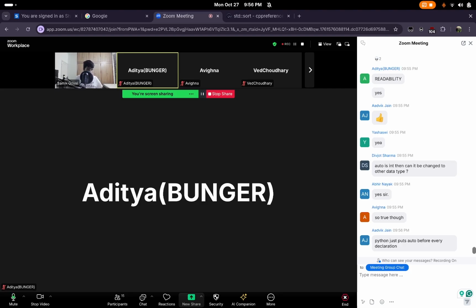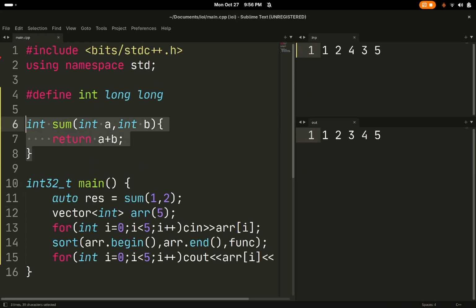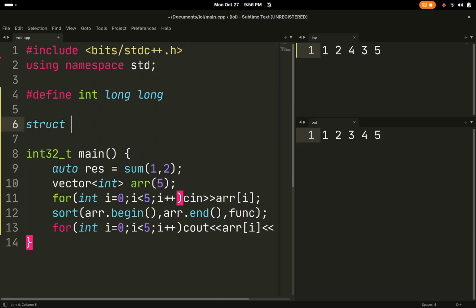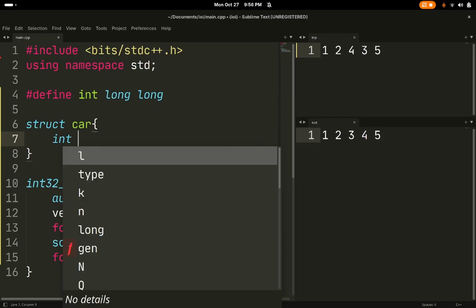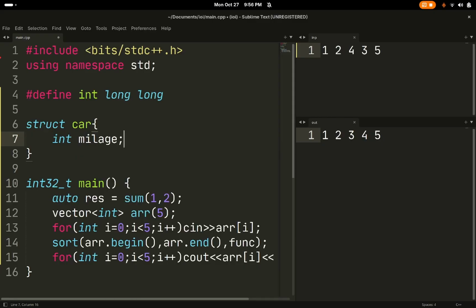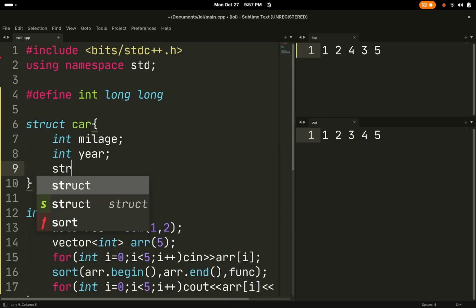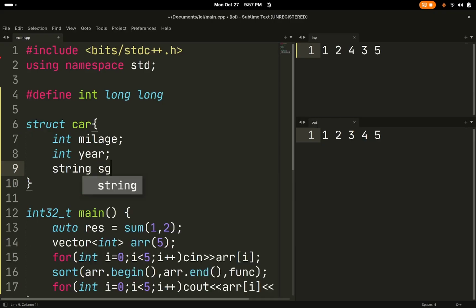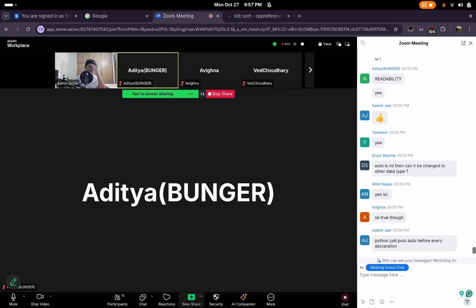Okay, cool. Then I'll move on to the next topic, which is structs. So a struct, as I talked about, it's pretty simple. You can have integers here, you can have strings, you can have floats, you can have anything as a member.